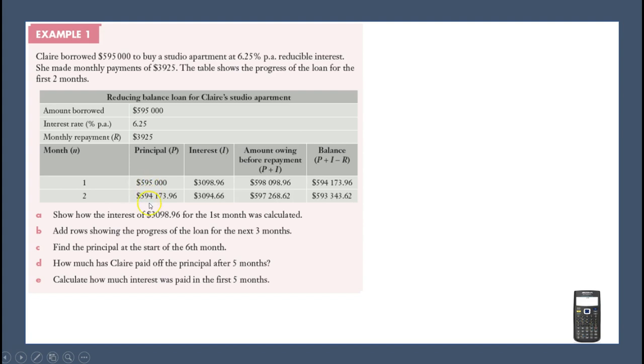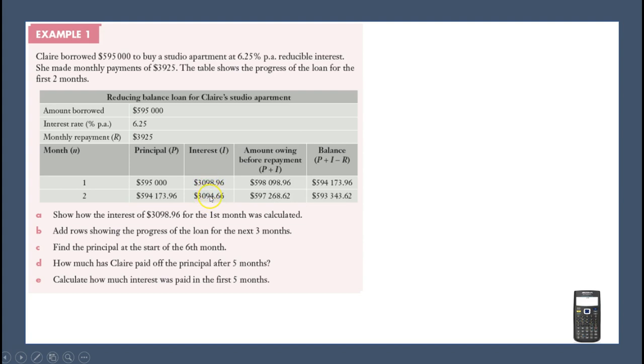Sort of like we're at the beginning of the month here, we're at the end of the month over here. Same process in that interest will be charged based on how much is owing. Now, the work's been done for you, but can you see, let's just stop and have a comparison of these two numbers.